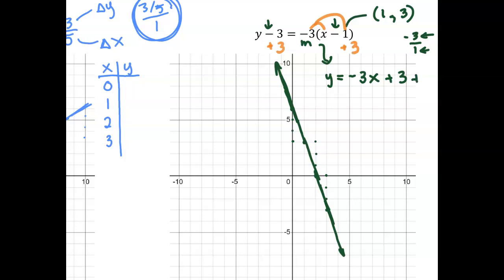So I'd actually have another +3 over here. And it sorts out fairly quickly to be y equals -3x plus 6. And from that form, we get one piece of information that's the same. Our slope is -3. Now we know that our y-intercept is at (0, 6), which looks about perfect for what we hit before. So you can just rewrite things back into slope-intercept form anytime you want to graph.